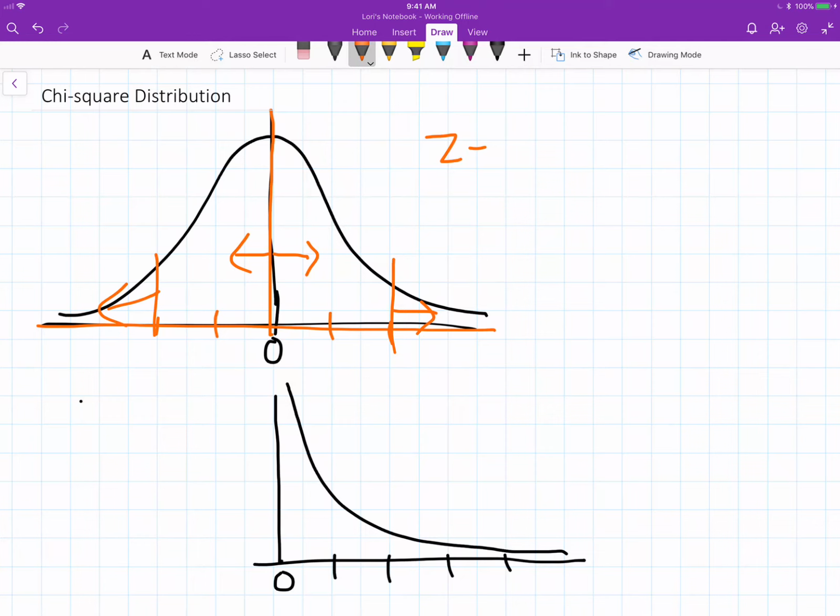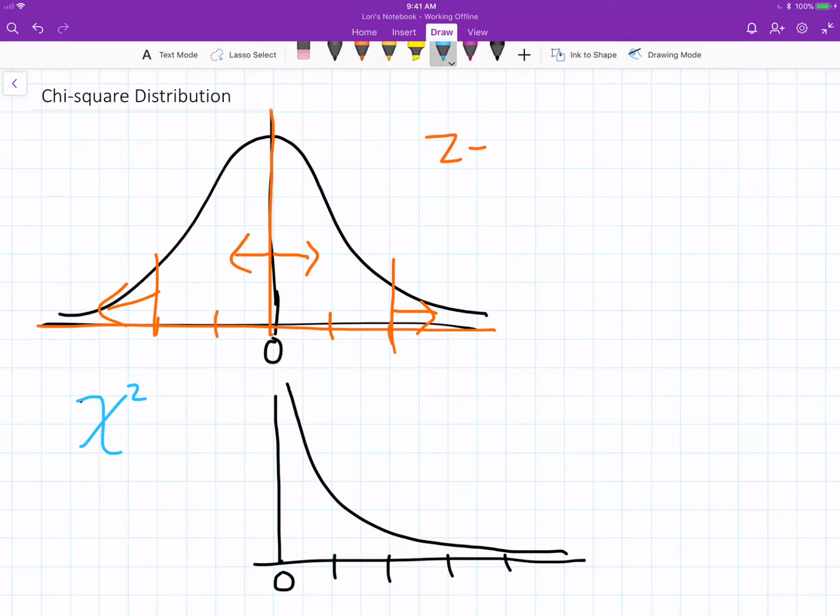And so what we use instead of a Z distribution or a T distribution is something called a chi-square distribution, and the picture of what that looks like is an X, a fancy X squared. So that letter is called chi, and so that's the chi-square distribution. And it has some different features as compared with the Z distribution.